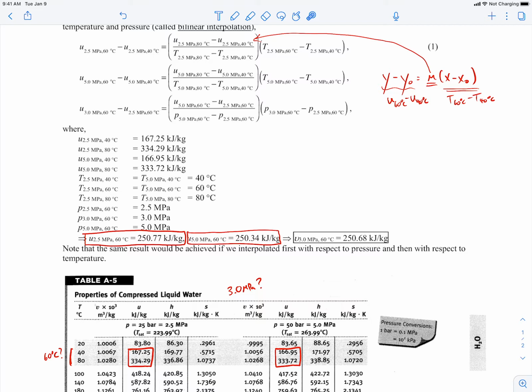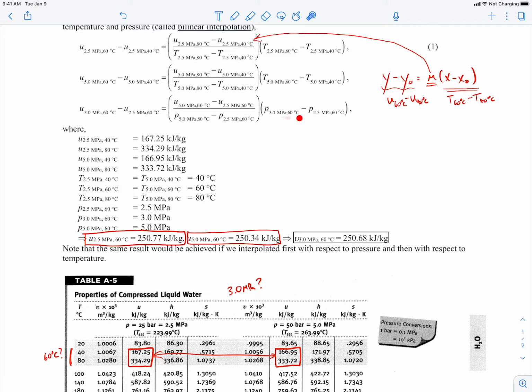So that gives you the specific internal energy now at 60 degrees C for the pressure of 2.5 megapascals and then 5 megapascals. So then to get the specific internal energy at a pressure of 3 megapascals, we do another linear interpolation between these two values. Right, so that one is given here. So this is showing the linear interpolation based on pressure.